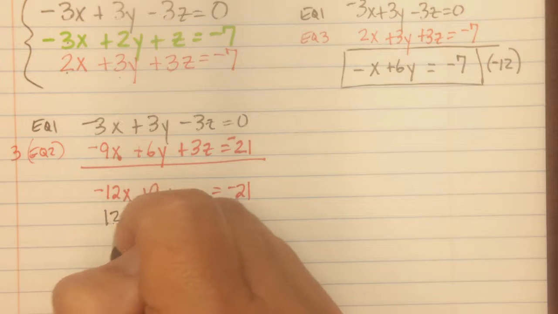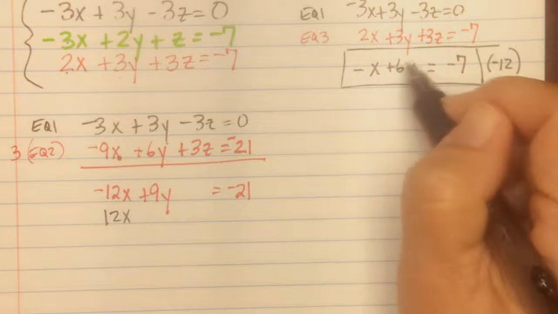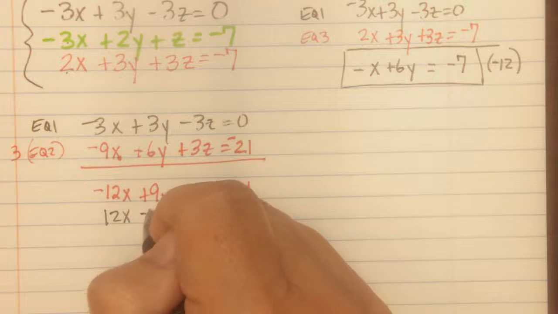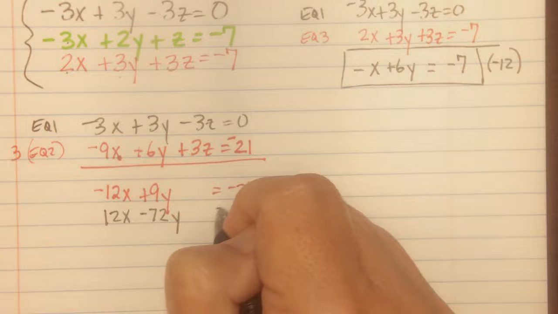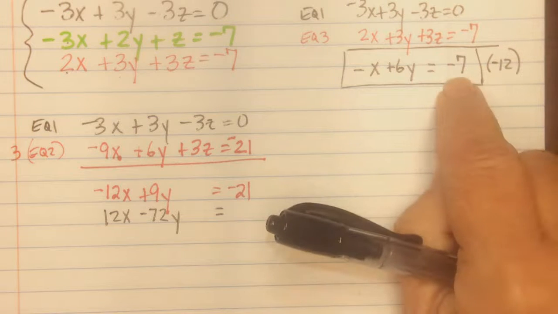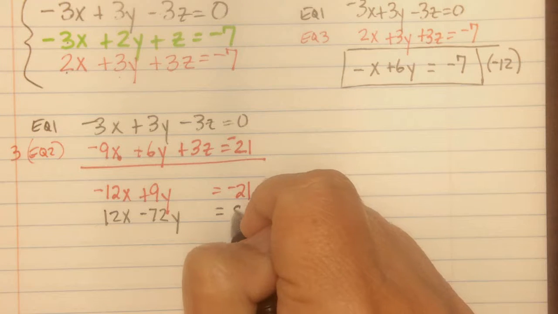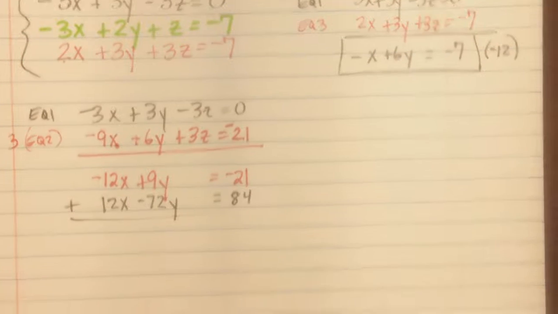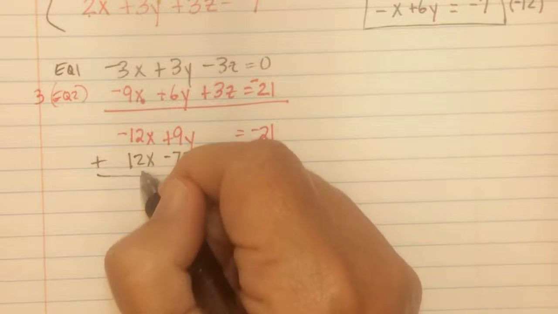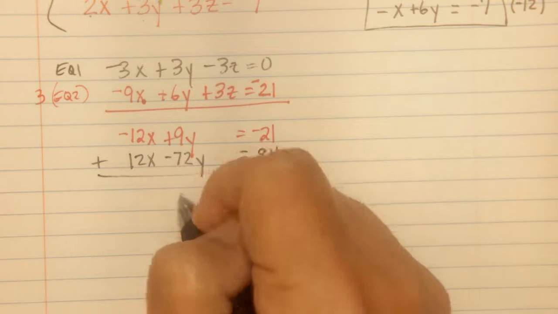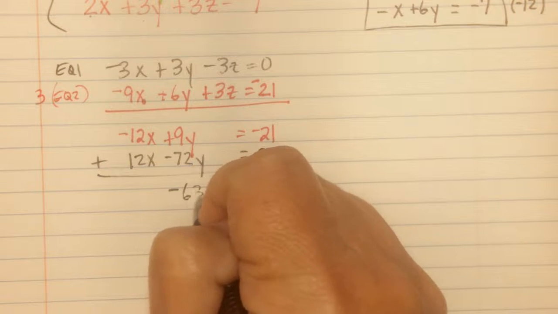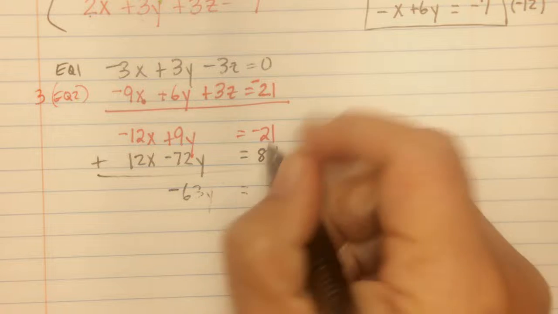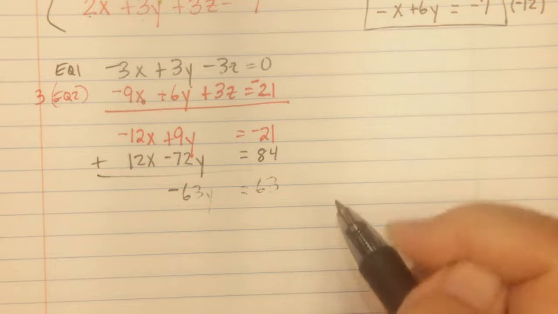So I'm going to get 12x, and then -12 times 6 gives me -72y, and then -12 times -7 gives me +84. And then I add these two equations together, and I get 0x here, which is lovely, and then I get -63y equals 63.